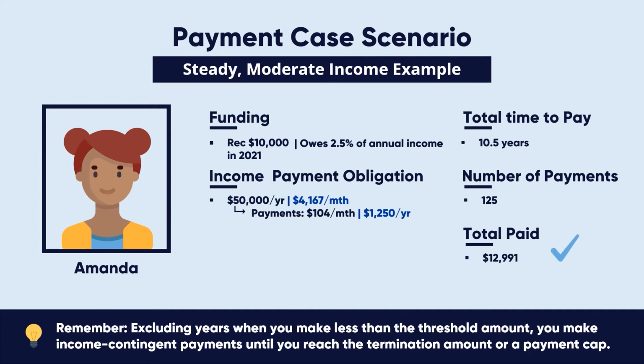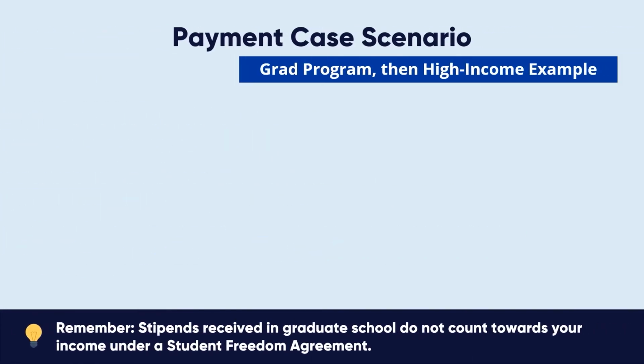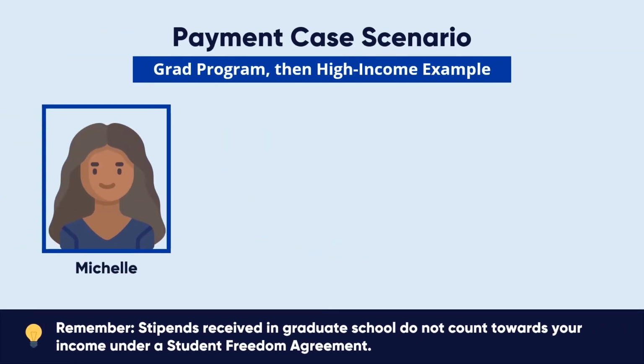Let's take a look at an example of a student who received a Student Freedom Agreement in 2021, enrolls in a graduate or professional degree program, and goes on to make a high income. In this example, Michelle received $10,000 too, so she also owes 2.5% of her yearly income.